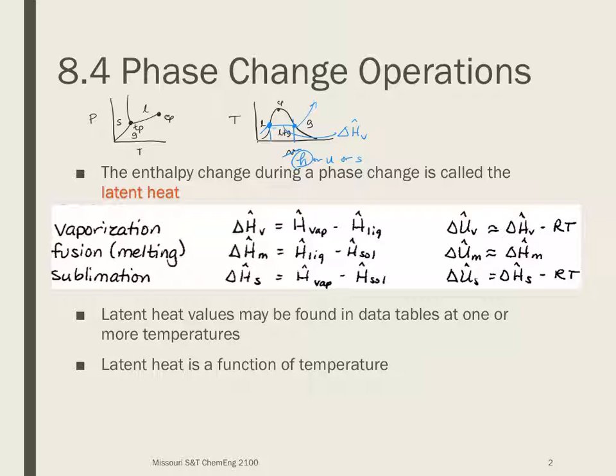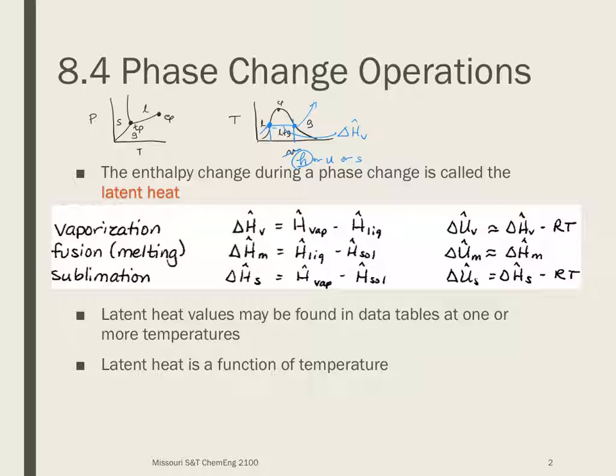And the way they write it in this book is delta capital H with a little circumflex on the head, sub V for vaporization, and it's the difference between the enthalpy of the saturated vapor and the enthalpy of the saturated liquid. If we were to do the same thing with internal energy graph, it would be the difference between the internal energy of the vapor and the liquid, and that can be approximated as the enthalpy of vaporization minus RT.